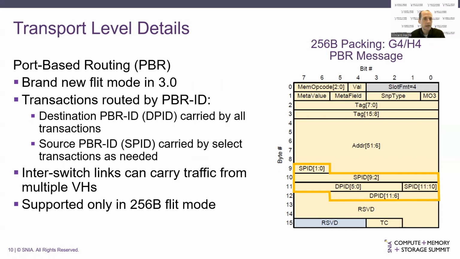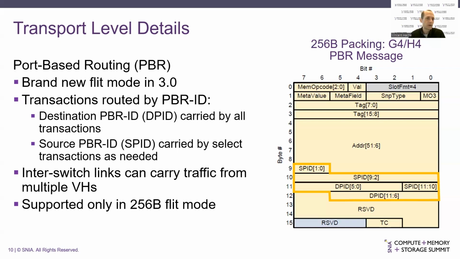The transactions carry a destination PBR ID or a DPID. That's present in all transactions, so the transaction can reach its target. On an as-needed basis, a transaction will carry with it a source PBR ID or SPID. That's only where required. An example is that a request will carry a DPID and an SPID, so that the target of the request knows who originated the request and can use that SPID value from the request for the DPID for the completion.